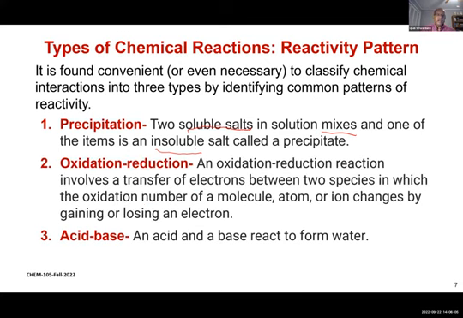The second one is oxidation reduction. Oxidation reduction is electron transfer. Oxidation is loss of electrons. Reduction is gain of electrons. We're going to talk about this in detail. So if an atom loses an electron, we call it undergoing oxidation.